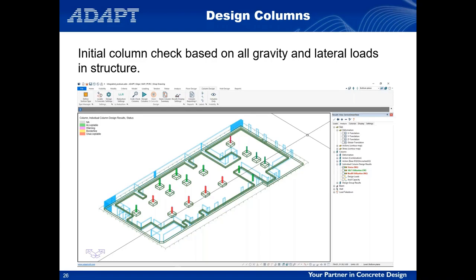So here we're just looking at the right side, our results review, and we are highlighting the column results. So again, you can carry out complete column design, and this column design now includes all of the loads that we had also applied at the podium, plus the redistribution of all of those loads through post-tensioning at the podium level.